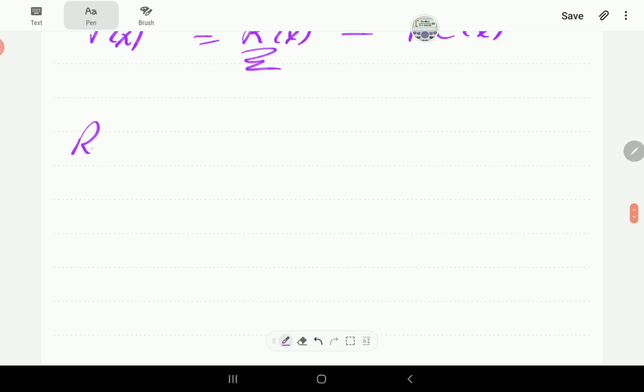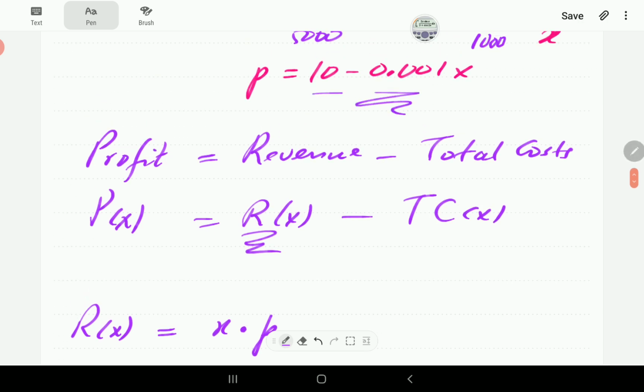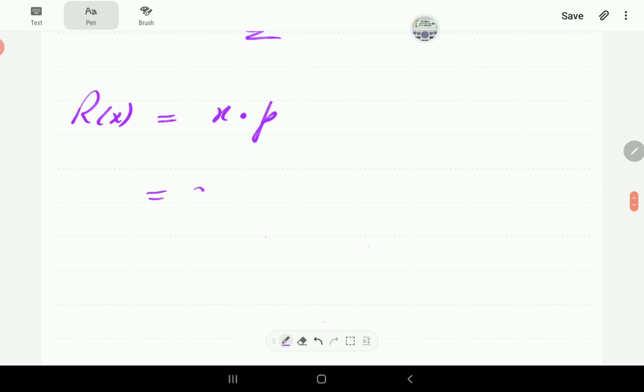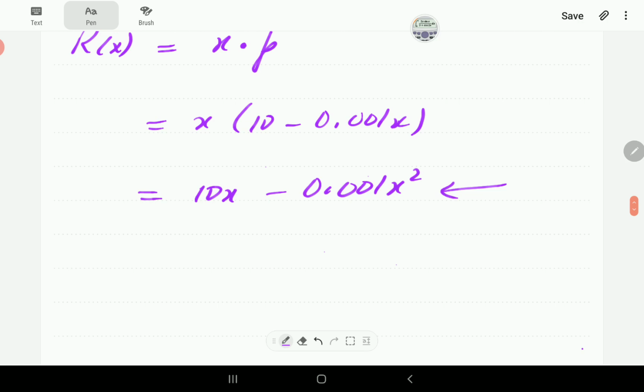We're only selling one product here, so the revenue is going to be the number of units sold, which we've said is X, times the price per unit, which we said is P. So it's X times P. However, we have P in terms of X, so we can write this entirely in terms of X. It's going to be X into 10 minus 0.01x. Remove brackets, there's going to be 10x minus 0.01x squared, which you can see is a quadratic. So that's the revenue.